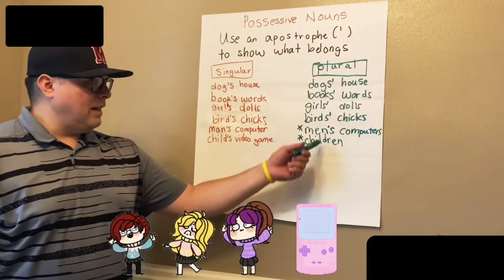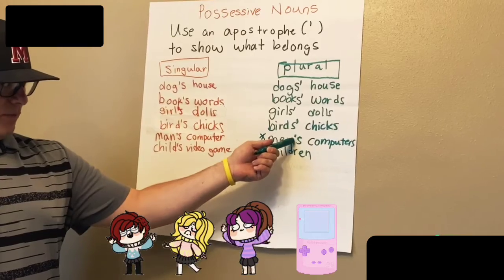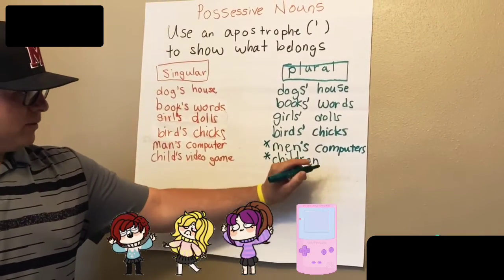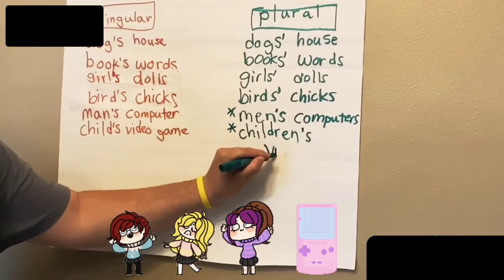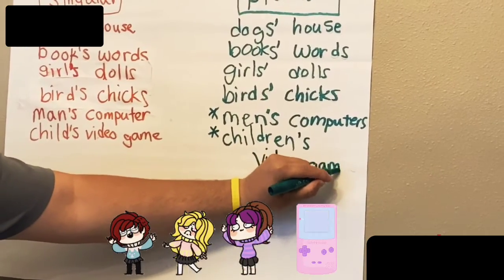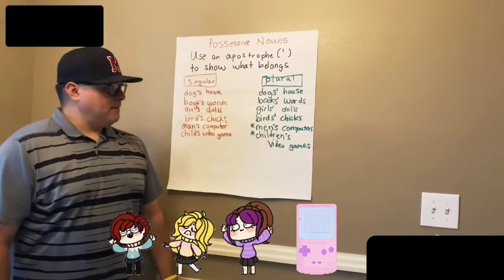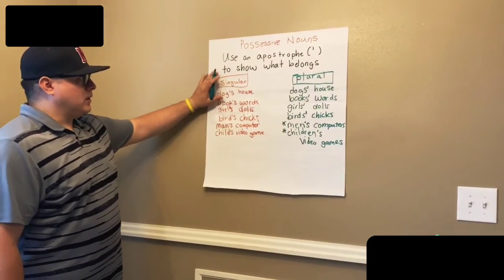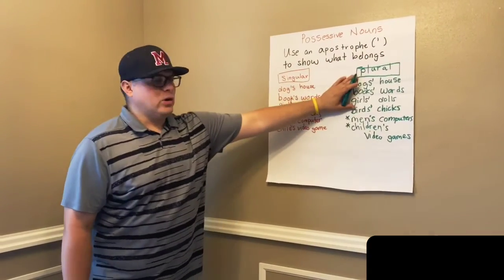Well, if we look at our last example, would it be appropriate if we just did the same thing? Yes, it would. You would just say apostrophe S, children's video games, and that would be correct. All right. So here's an example of some singular possessive nouns, and here's an example of plural.